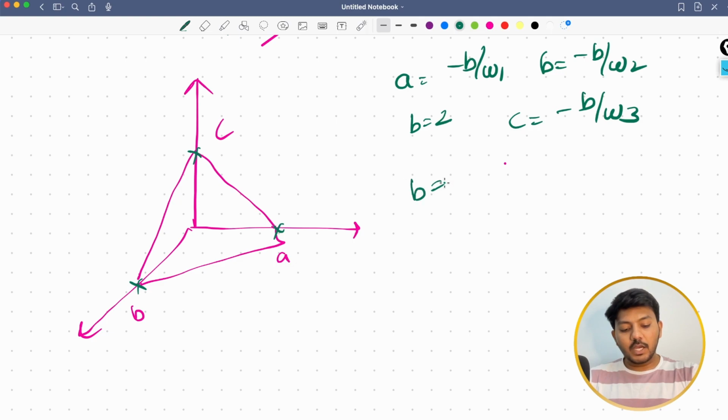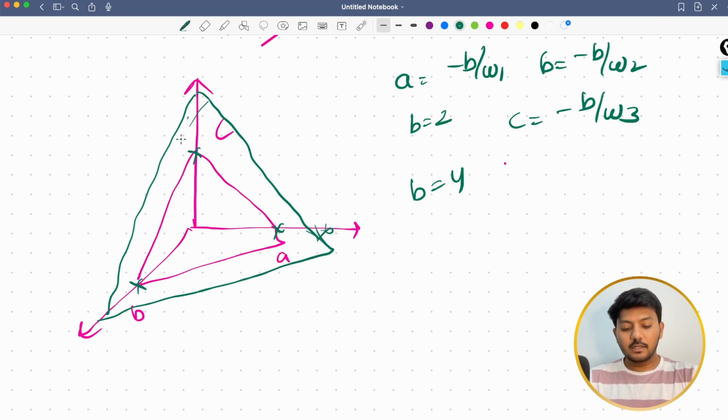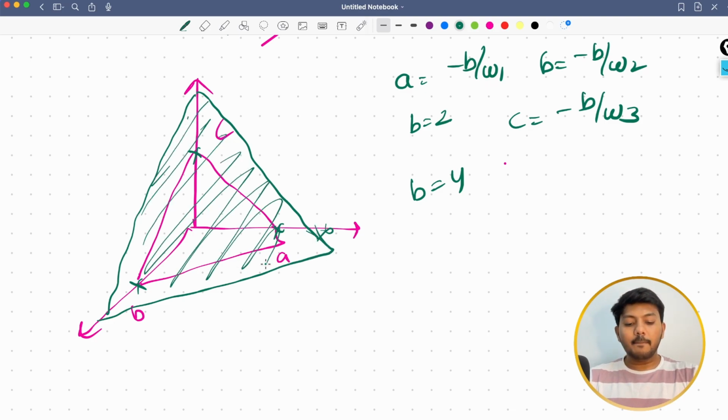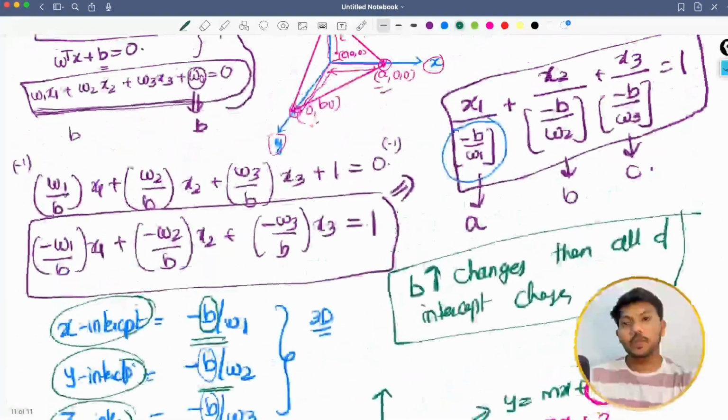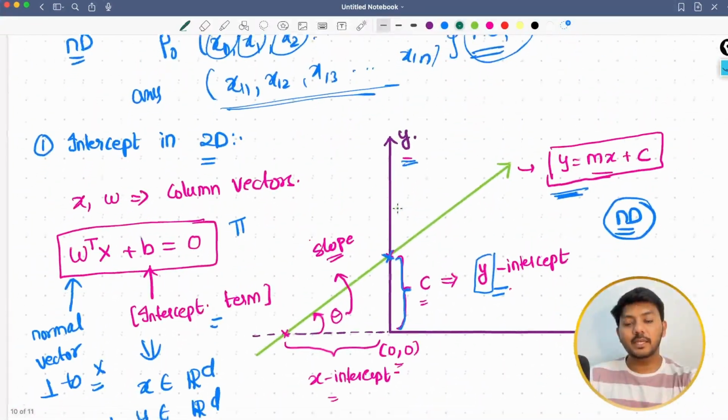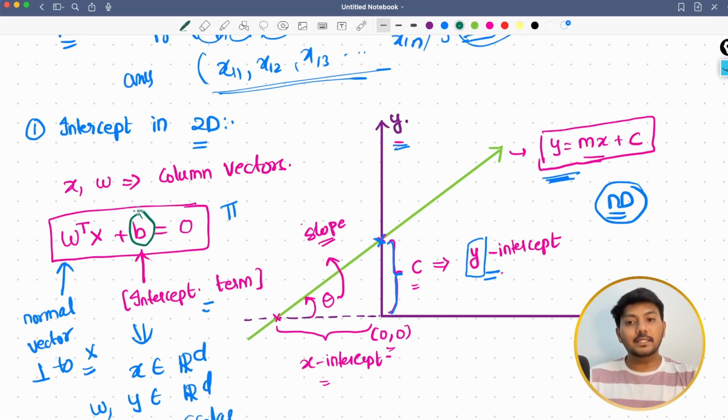If I change b equal to 4, maybe I will get a plane like this, because my b value is changing, right? So by changing the value of intercept, either your plane or your line will change its position. So that is the intuition behind the intercept. And in the given equation w transpose x plus b, we call the b as an intercept term.